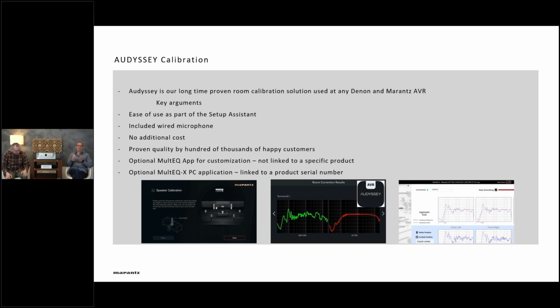First of all, the basic Audyssey we build into our AV receivers is a free of charge tool integrated in all of our AV receivers, and Roland is showing into the camera the Audyssey microphone, which comes with all of the AV receivers in the box. It's very easy to use.